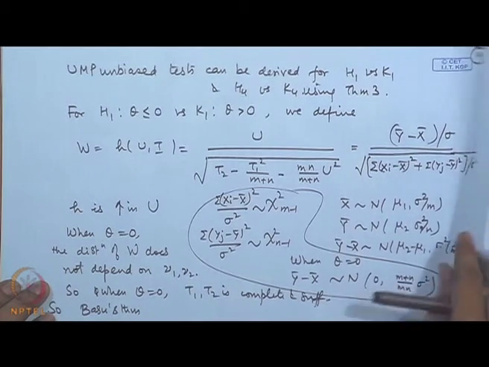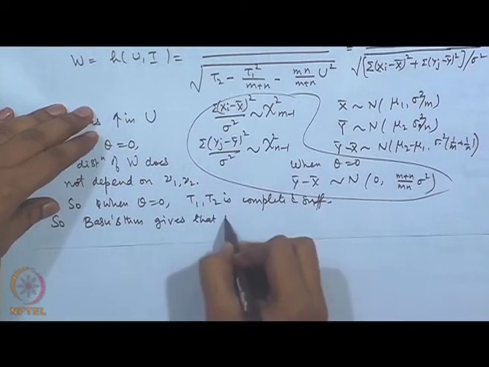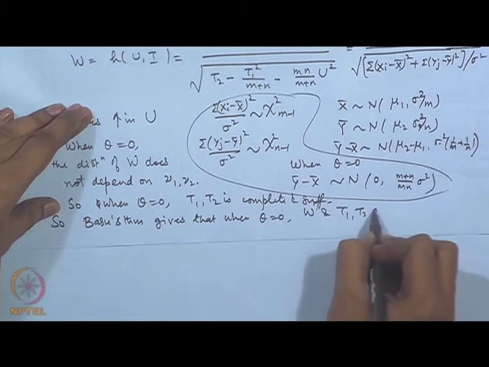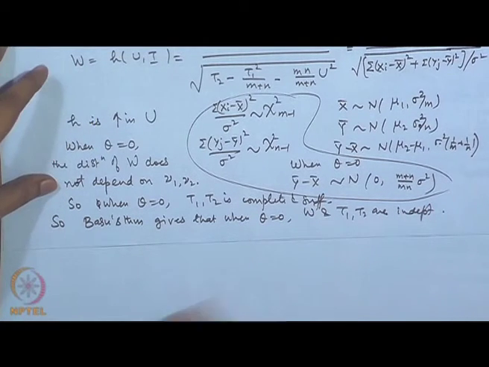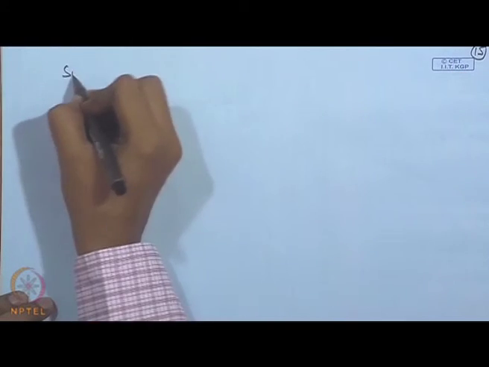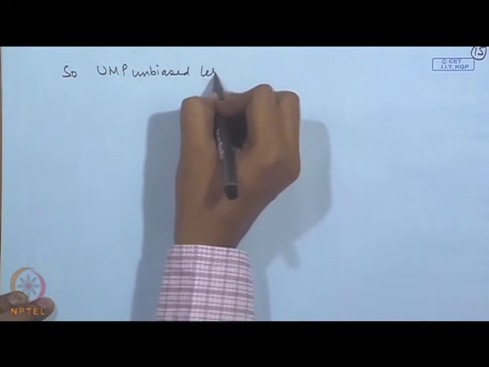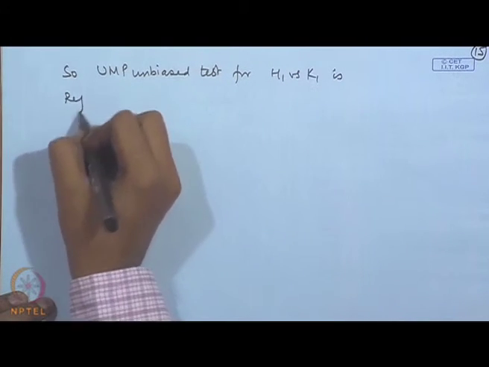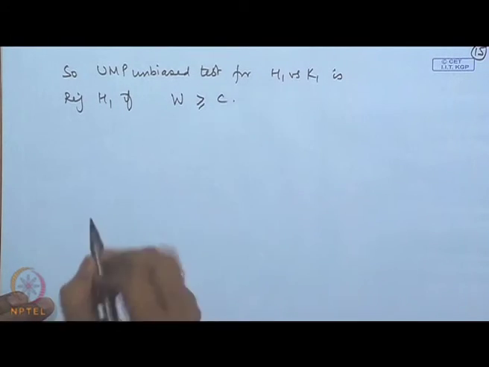Basu's theorem gives that when theta is equal to 0, W and T 1, T 2 are independent, and therefore, we are in a position to write down the UMP unbiased test for H 1 versus K 1: reject H 1 if W is greater than or equal to C.